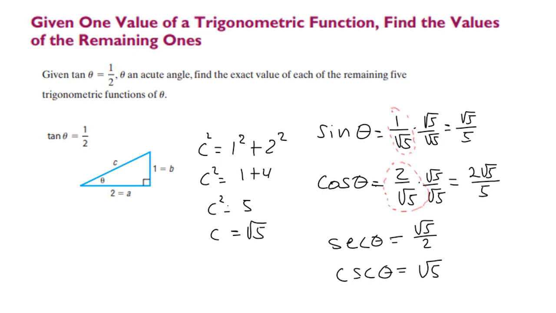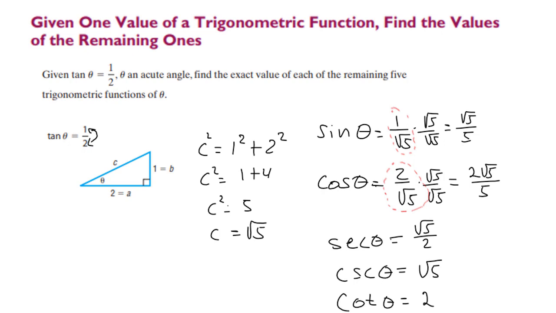And finally, cotangent of theta is equal to 1 over tangent of theta. If I flip this fraction, what I'm going to have is 2 over 1, or just 2. Remember what I'm doing, I'm just flipping this fraction, okay? The 2 is going to be instead of the 1.